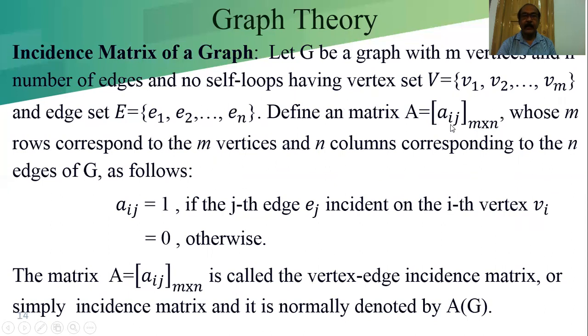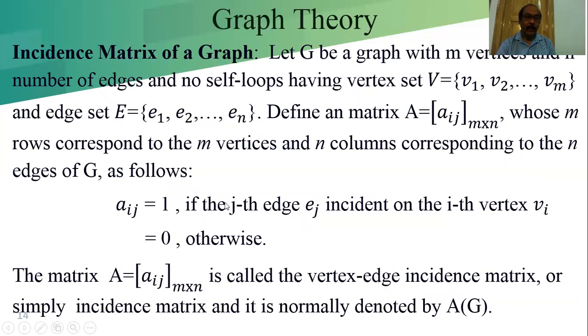Aij is the element of that matrix of order m cross n, m rows and n columns, whose m rows correspond to the m vertices and n columns correspond to the n edges of G. The value of the elements of the matrix is as follows.